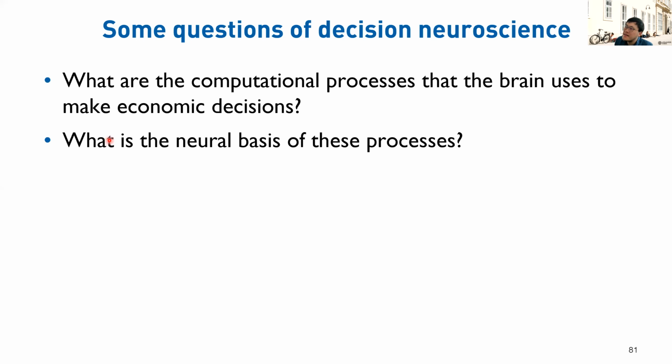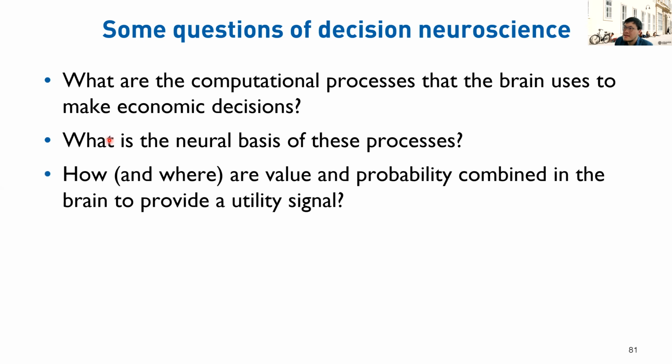And what is the neural basis of these processes, and how and where are value and probability combined in the brain to provide a utility signal? Here, this maybe sounds a little bit unfamiliar to you, but we will talk about that. This is a little bit more specific scientific question that decision neuroscientists can ask, and also can try to answer.